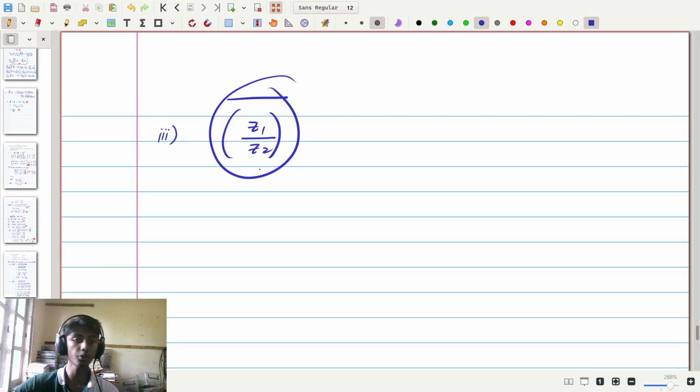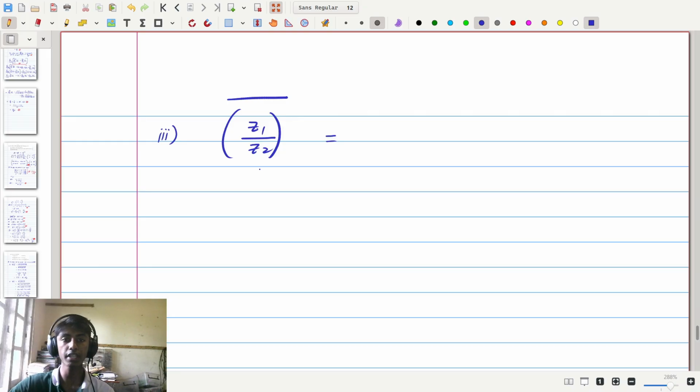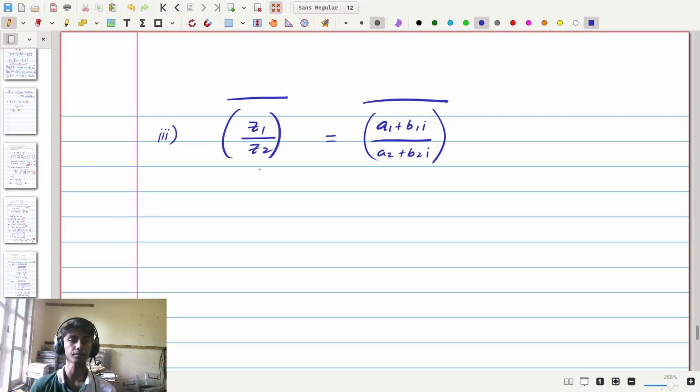So to test this, we're going to do the same thing by substituting in z1 and z2 in terms of a1, b1, a2 and b2. So substituting in, we can see we get a1 plus b1 i divided by a2 plus b2 i, whole thing conjugate.